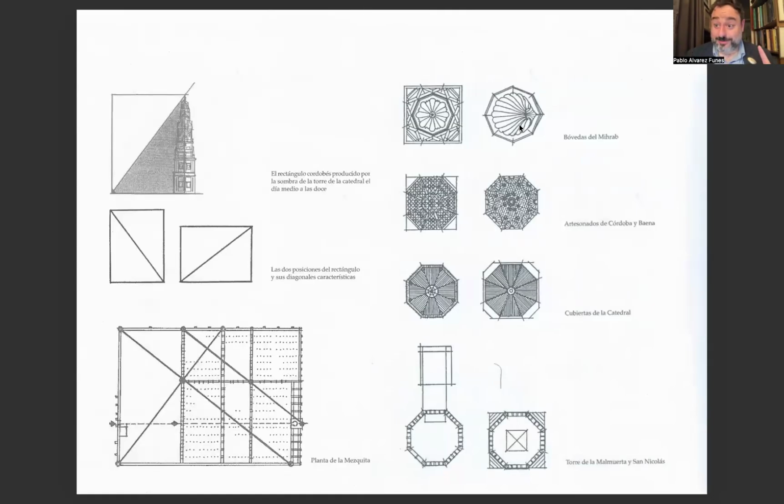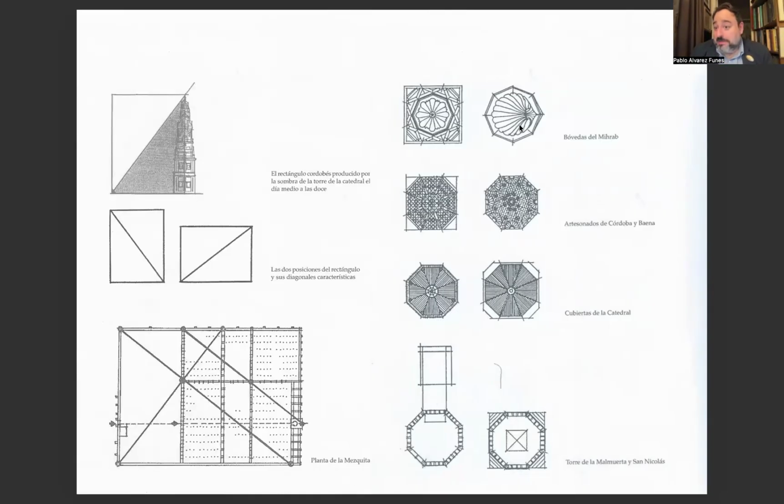But not only that, that rectangle is the shape that the tower of the cathedral, the minaret that was reformed in the Renaissance, is casting over the ground. He doesn't tell you which day, he tells you 12 o'clock.